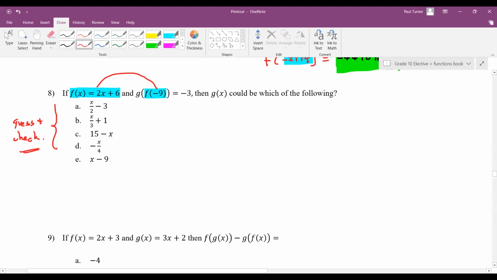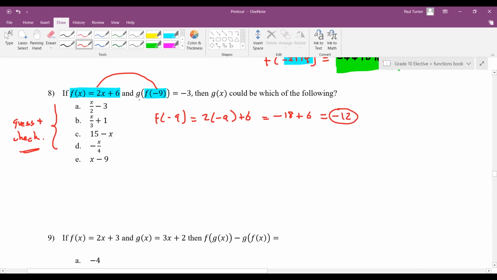Okay, so for question 8, we want to find f(-9) using f here. We have the function already. So f(-9) is 2 times -9 plus 6, which is -18 plus 6. That's -12.